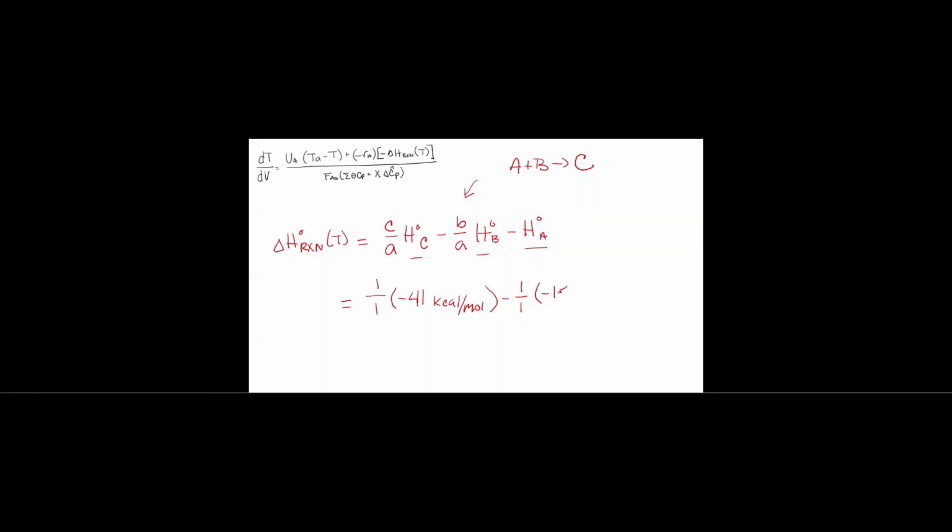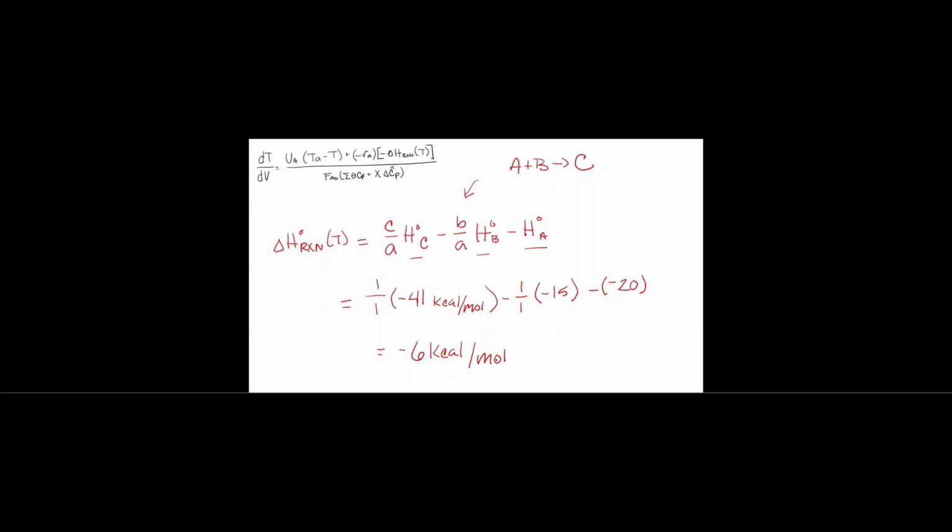This one is a negative 15 kcal per mole, and then minus a negative 20 kcal per mole. So when we simplify that, we end up with negative 6 kcal per mole.